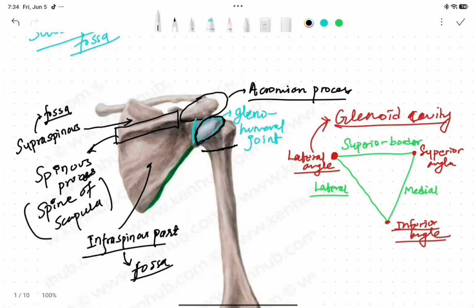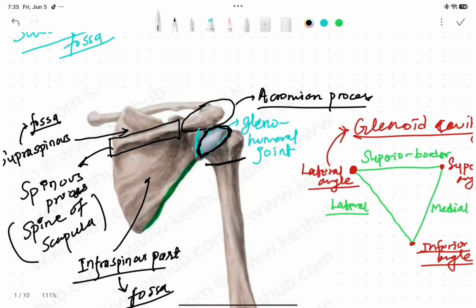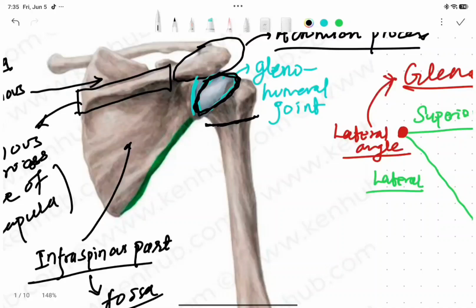The anatomical head is simply that portion of the head of the humerus that articulates with the glenoid cavity, and the surgical neck is the point from which the head of the humerus joins the shaft of the humerus.